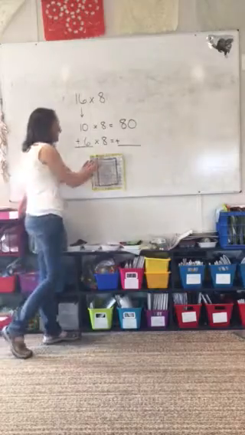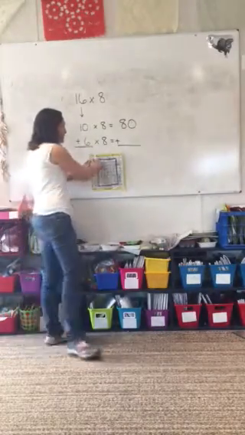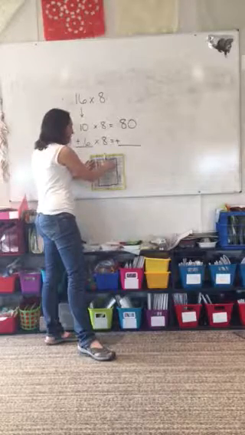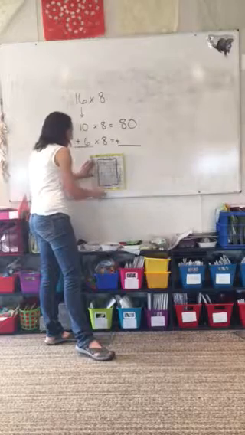All right, so 6 times 8, always teach them to count to make sure they drew correctly. 1, 2, 3, 4, 5, 6. Yes. 1, 2, 3, 4, 5, 6, 7, 8. Yes. All right.